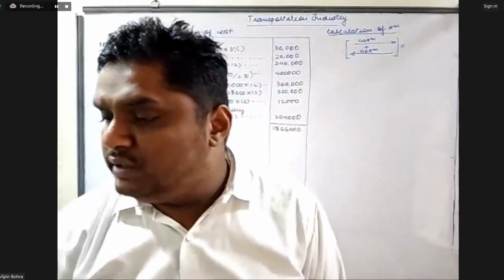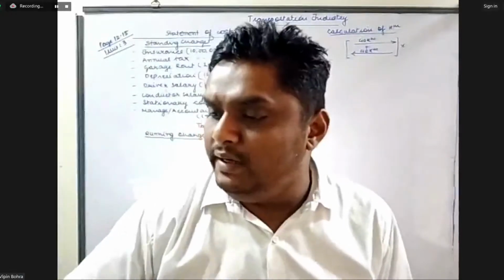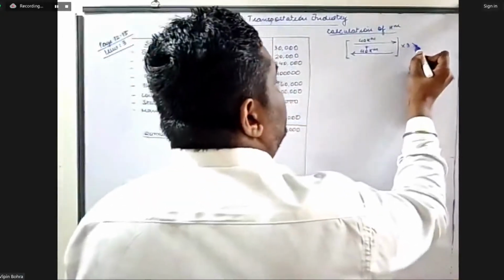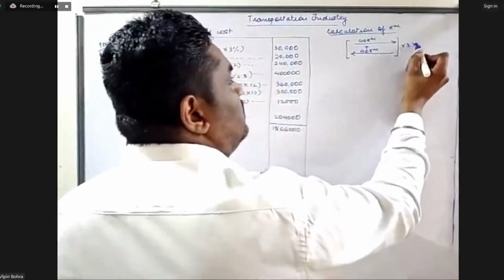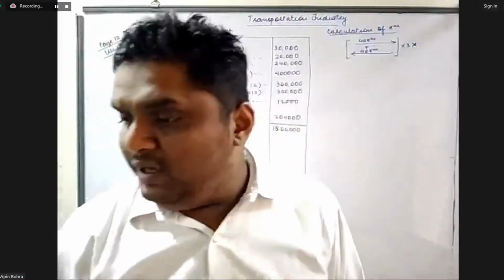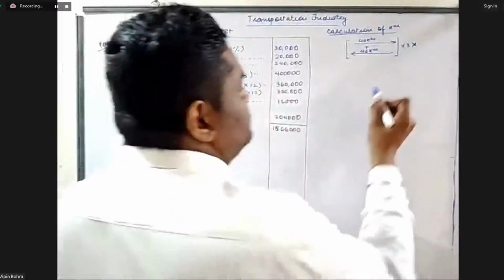It is given in the question that the bus will make 3 up and down trips. So 3 trips in a day, into it will run for 25 days in a month.